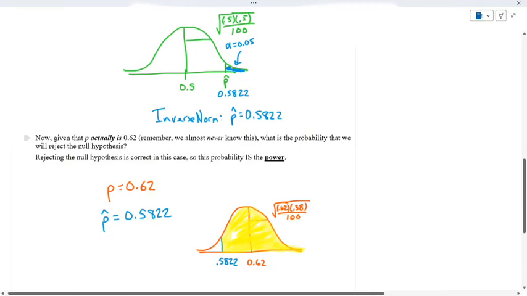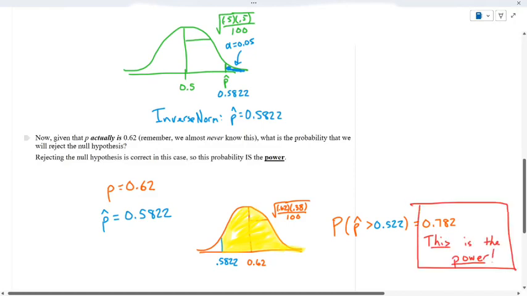And the area above 0.5822 is the power. That's because we actually know in this instance that this is the true parameter, and we will have rejected the null hypothesis anytime it's greater than this. We can then calculate the probability using normal CDF. The probability that p hat is greater than 0.5822 is 78.2%. That is the power, 78.2%.